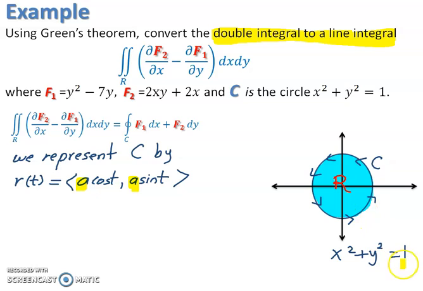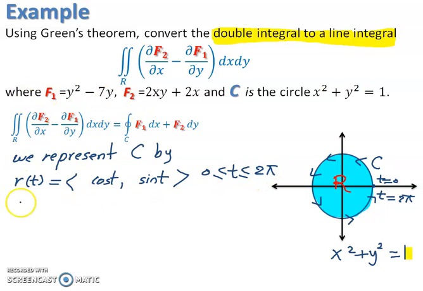And the radius of this circle is given, it is 1. So we're going to substitute 1 here. We will have this vector. The value of t is from, as you can see on the circle, we start from t equals 0, then we finish at t equals 2 pi. So t is from 0 to 2 pi.